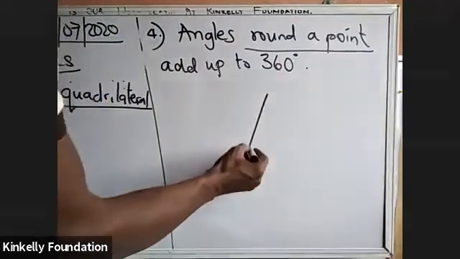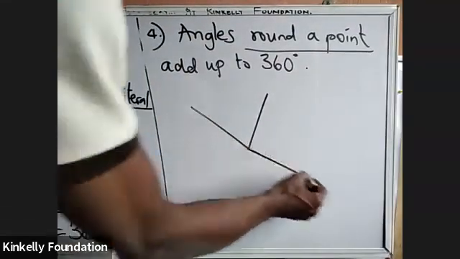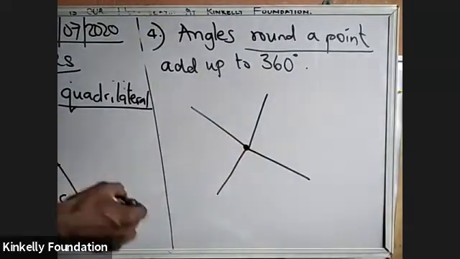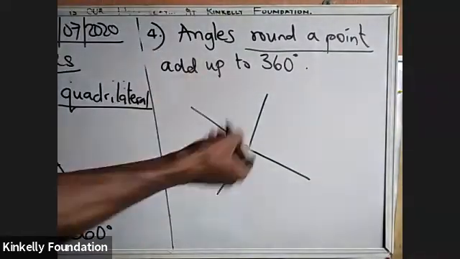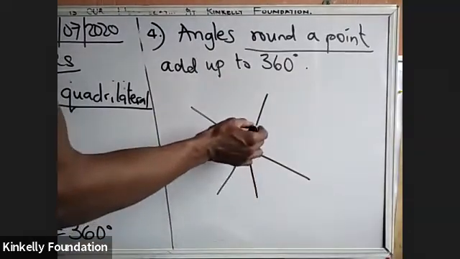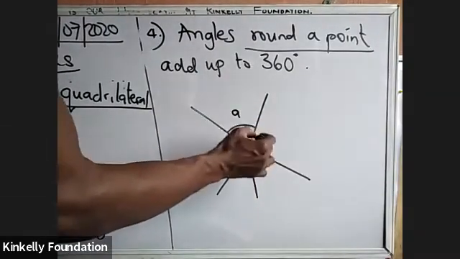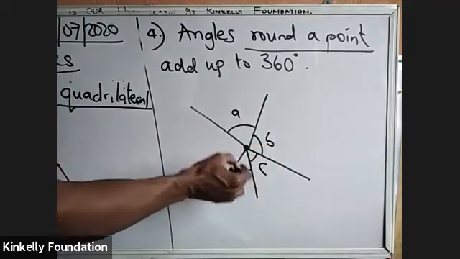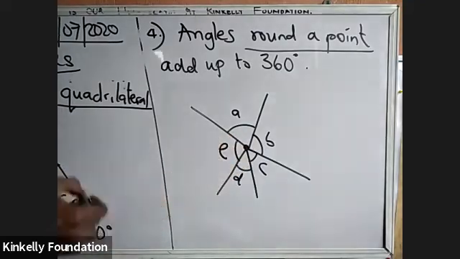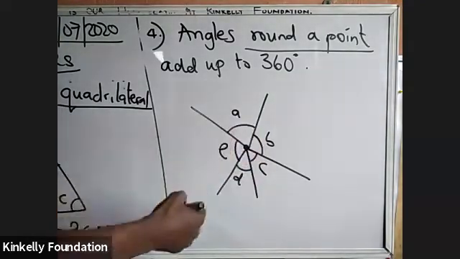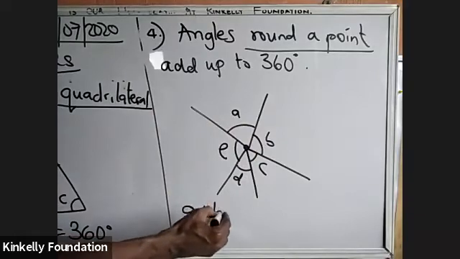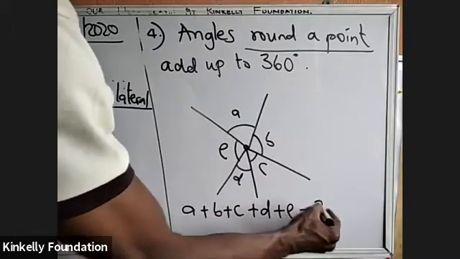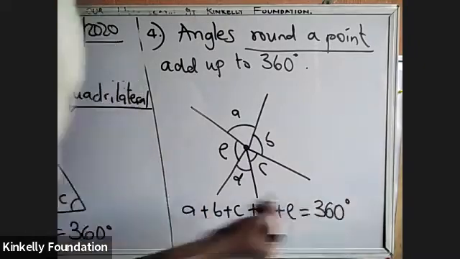Now we have this. If this is a point, no matter the number of angles you may have there, this is A, B, C, D, E. So when you sum all these, A plus B plus C plus D plus E, you are going to get 360 degrees.